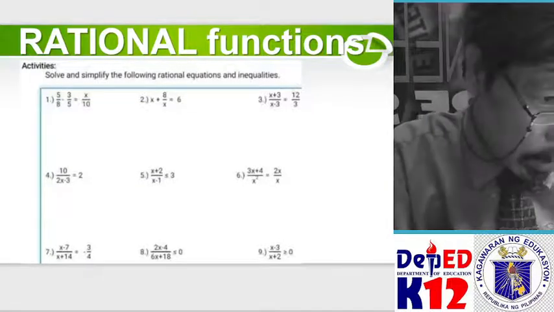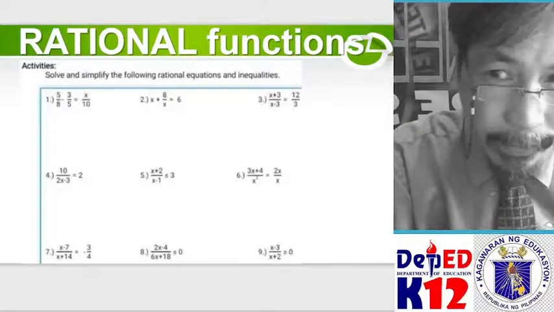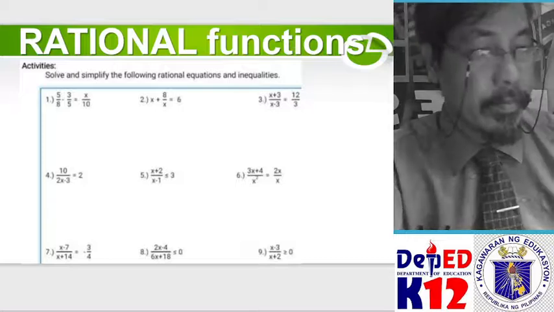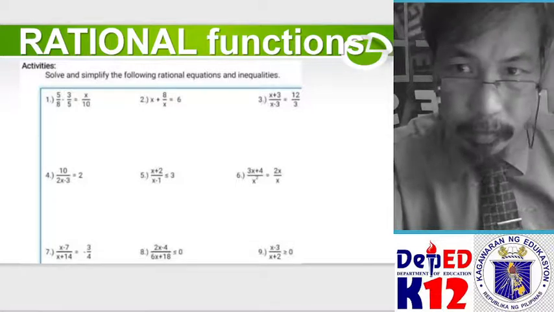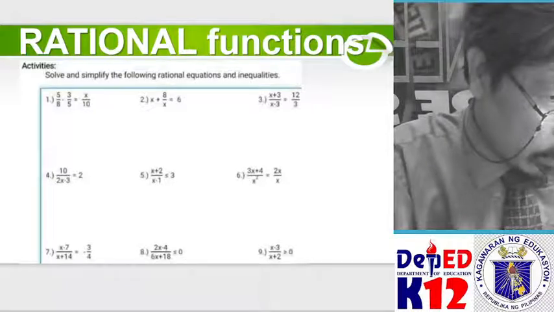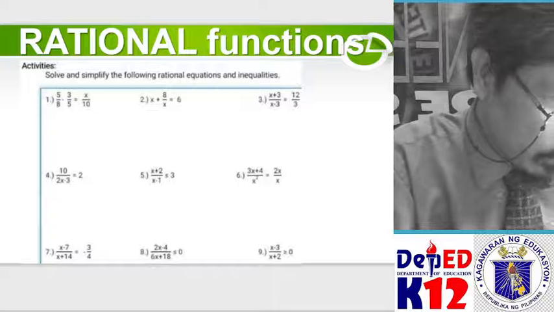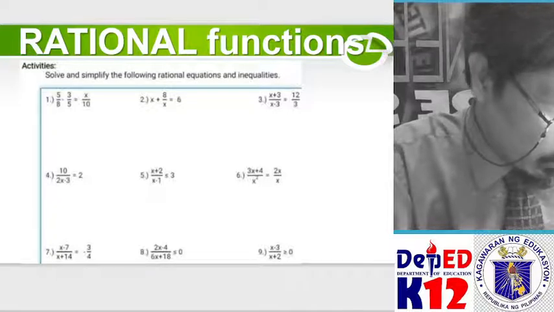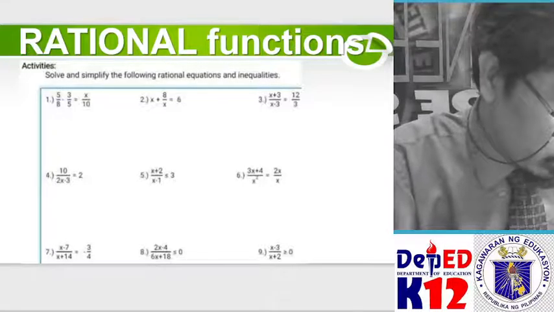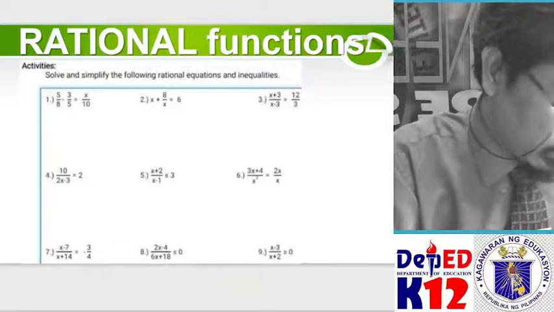This is not a rational inequality because it has an equal sign. We can simplify. This is multiplication, so we can factor out, and cancel out 5. What will be left is 3/8 is equal to x over 10.